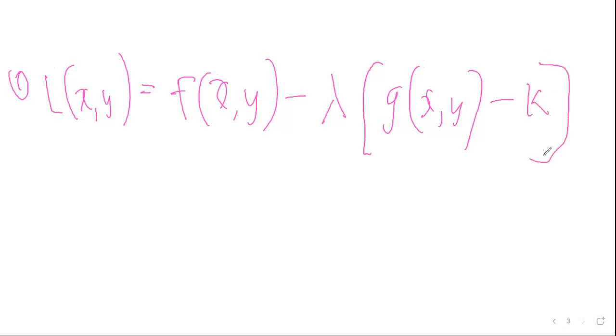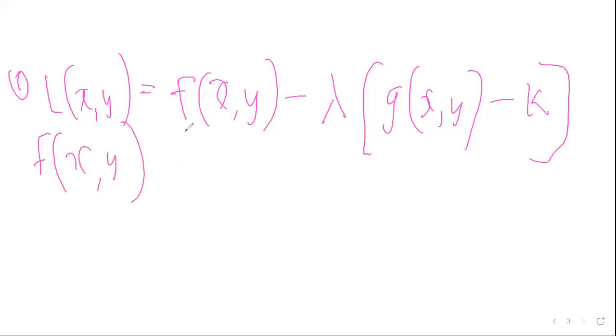So the composite function is made up of the objective function f(x, y) combined with the constraint function multiplied by lambda.